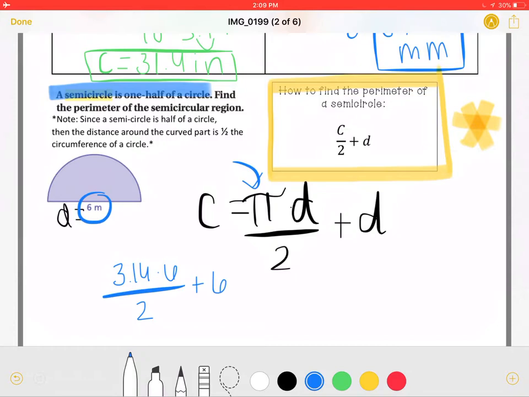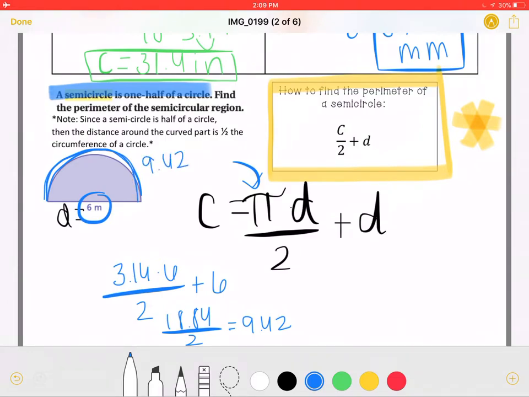When we multiply those together, I get 18.84. Let's divide that by 2, since we only want it for half of the circle. The circumference it gave us at first was for a full circle. Now we know that this arched piece right here is 9.42.